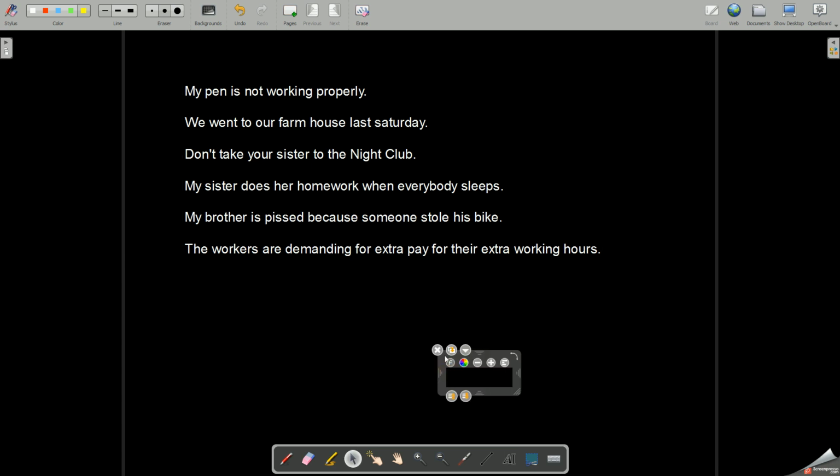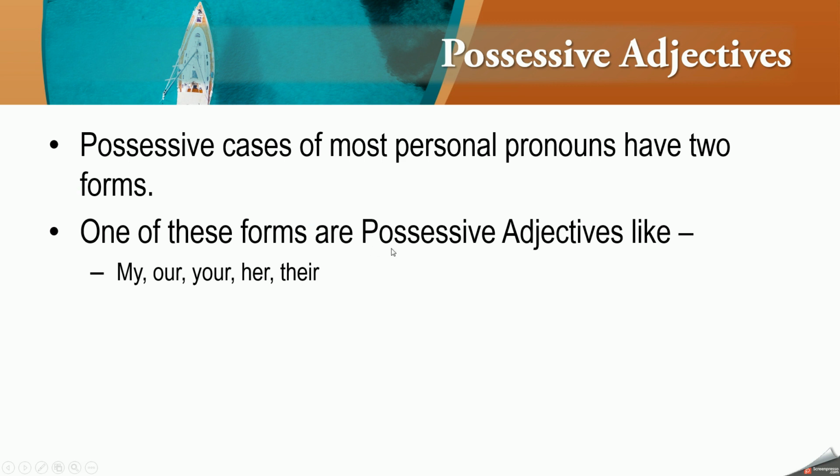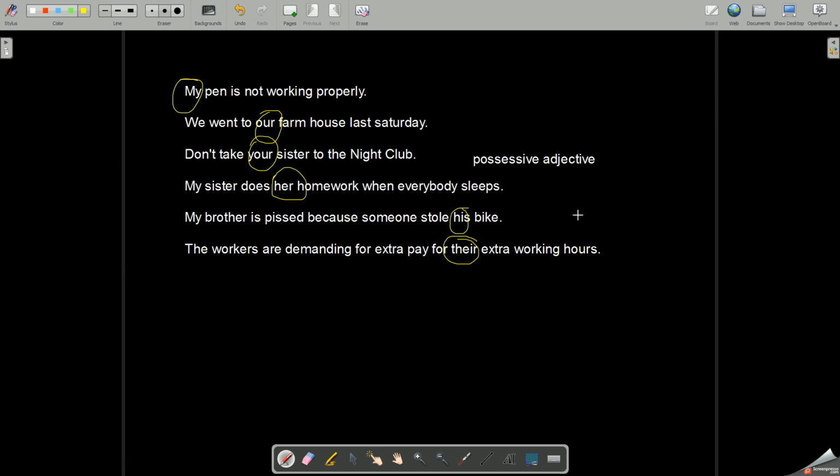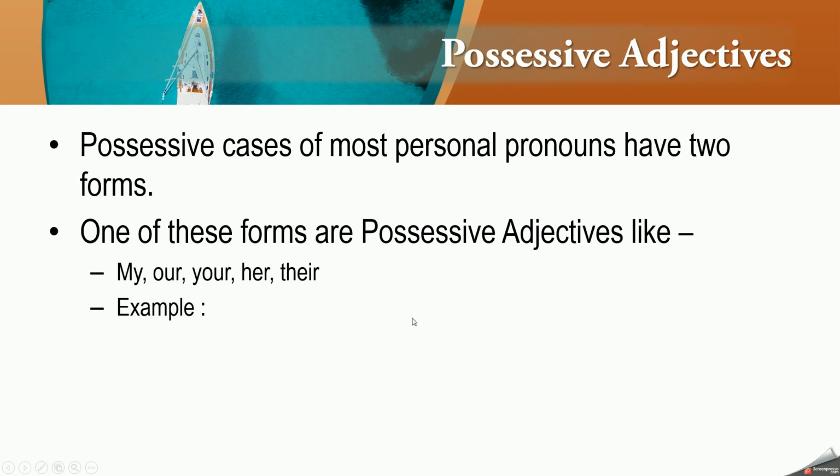So in these statements you can see many examples: my pen, we went to our farmhouse, take your sister, her homework, someone stole his bike, the workers are demanding extra pay for their extra working hours. All these forms are working as possessive adjectives. Examples: this is my notebook, those are your books, that is her computer, and so on.